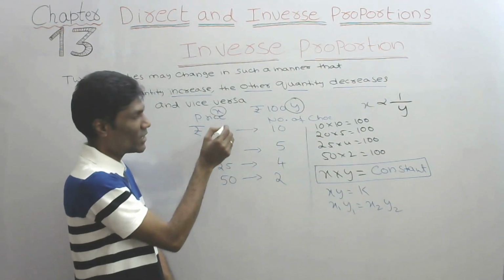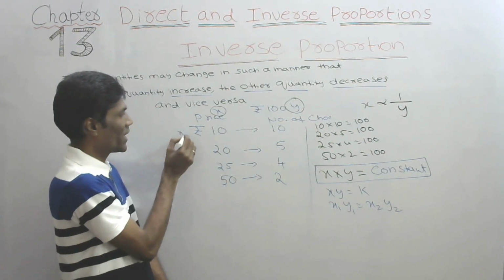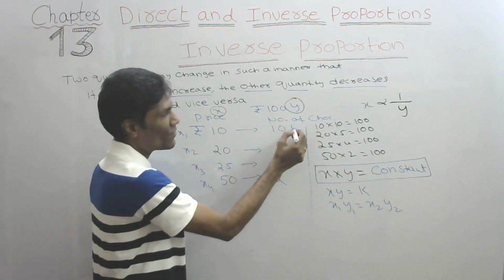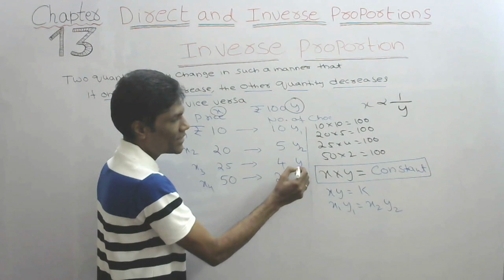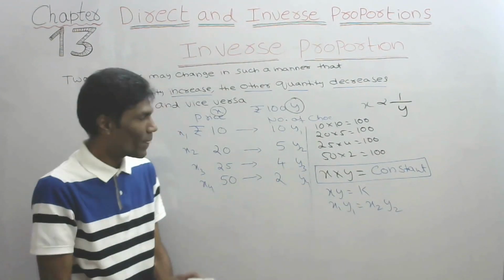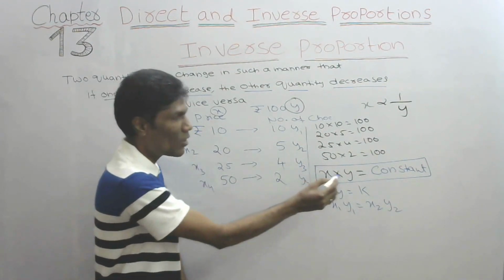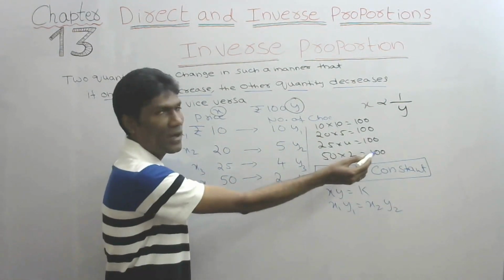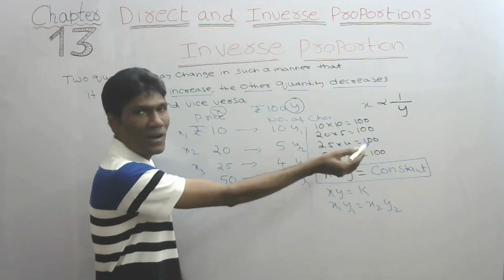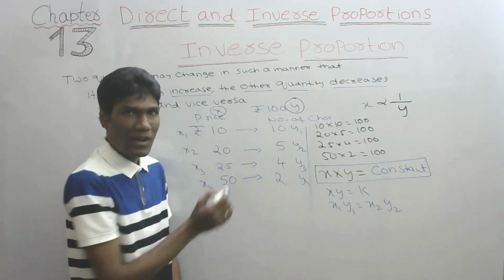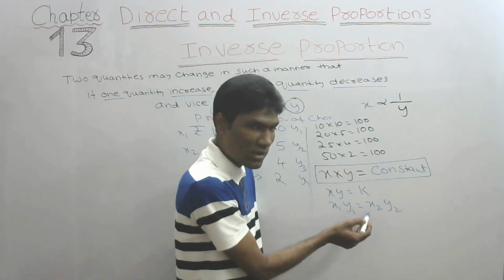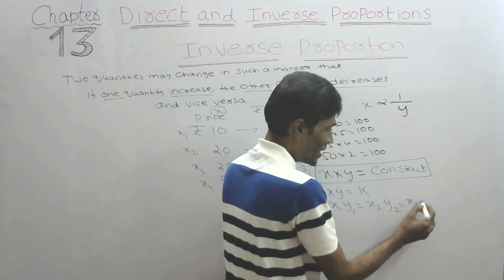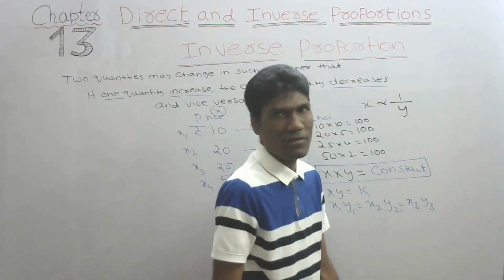If you take x1, x2, x3, x4 like this, and y1, y2, y3, y4 like this, then the product of these two will always be constant. So x1 into y1 is 100, x2 into y2 is 100, x3 into y3 is 100. So x1 into y1 equals x2 into y2, which is equal to x3 into y3. Like that it goes.